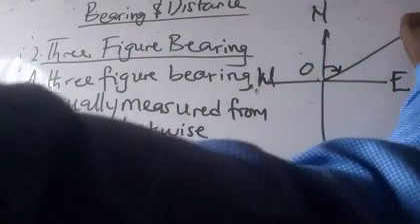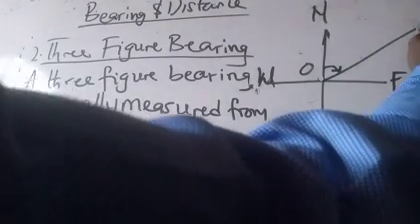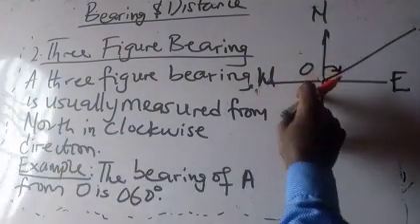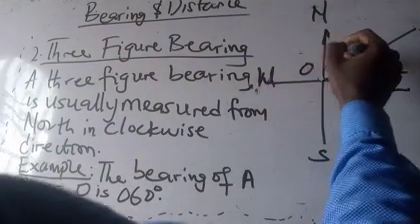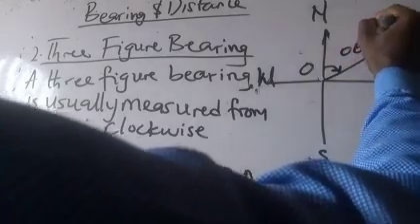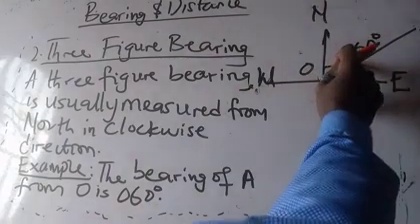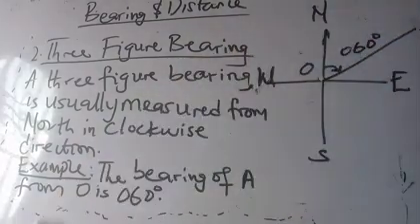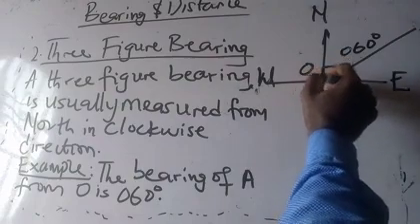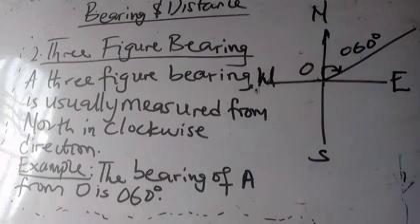So this is where A is located. The bearing of A from O is 60 degrees, and you must write the degree with 3 digits, 060. It moves clockwise.